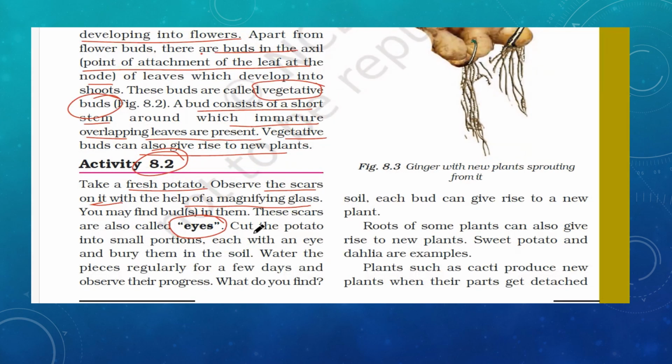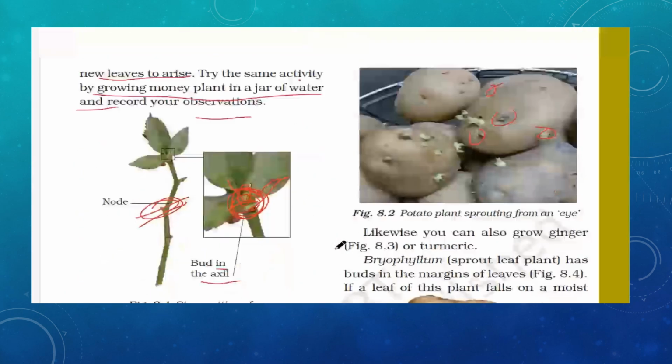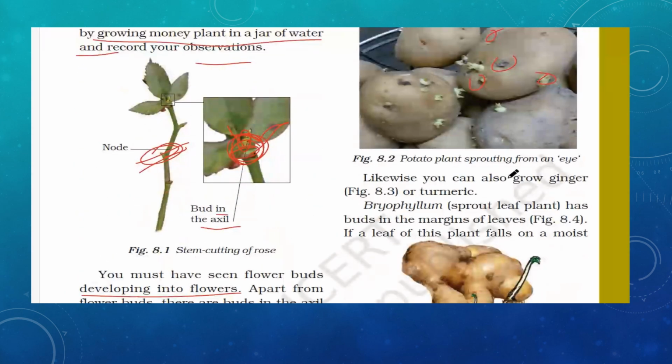Now cut the potato into small portions, each with an eye, and bury them in soil. Each part you cut should have one eye, and you just bury them in soil. Now water these pieces regularly for a few days and observe what you find. You will see that some plants will grow out from these potato eyes. Likewise, you can also grow turmeric and so on.